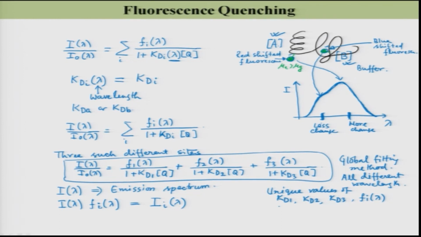Okay. And another piece of information I know is that the sum over i of F_i is equal to 1. That means what you will get is all these F_i lambda, and this is your measured spectrum.